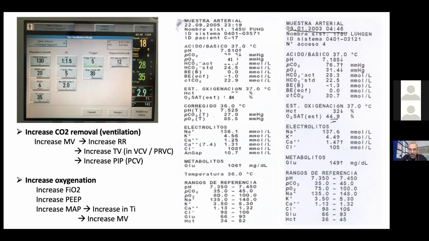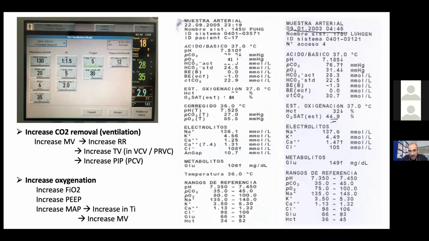So depending on which parameter you want to adjust, you need to change different settings. If you have a patient with respiratory acidosis with problems eliminating CO2, you need to increase the ventilation. You need to increase the minute volume by increasing the respiratory rate or by increasing the tidal volume if you are in volume control or PRVC.